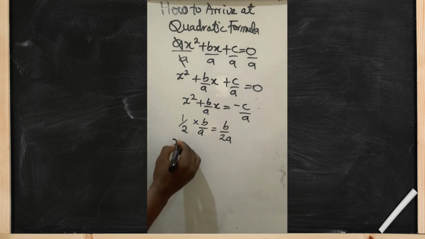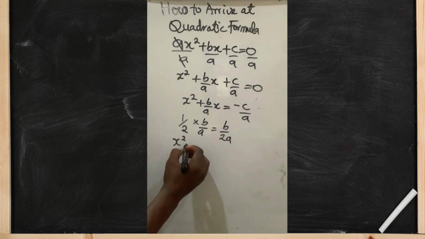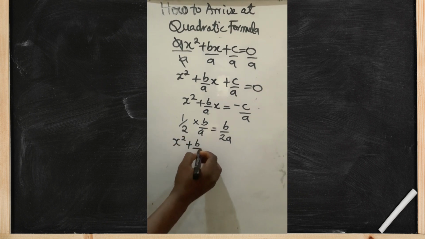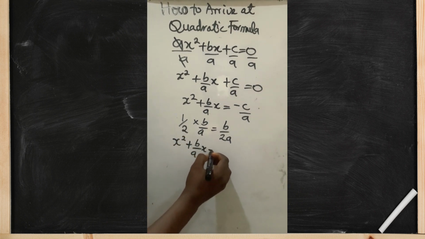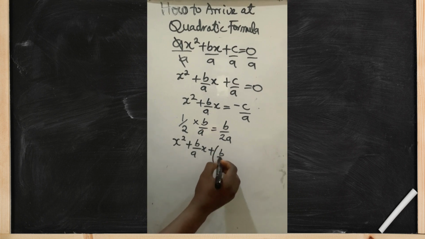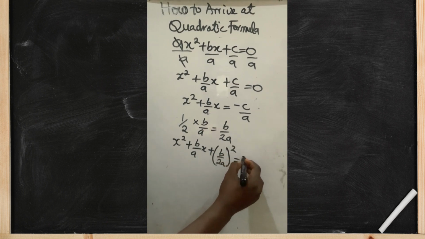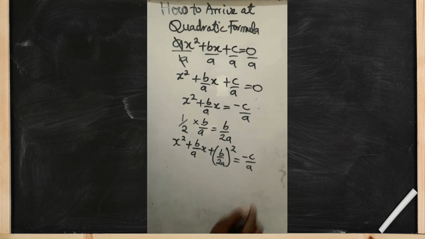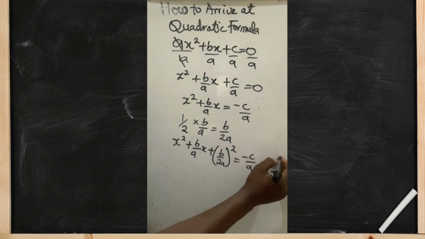Then you are going to be having x squared plus b over a x plus b over 2a squared equals minus c over a plus b over 2a squared. Right?